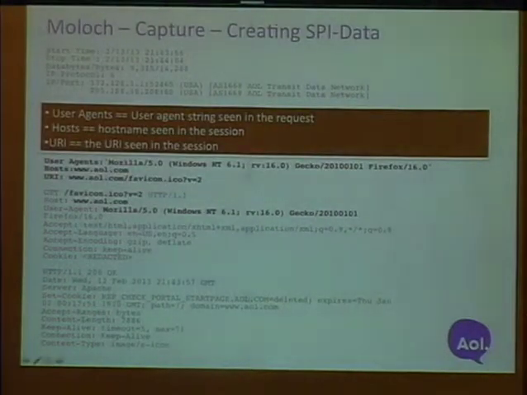And then finally, the user agent string that's seen, we also grab that, and the host name and the URI. All of those bits of data are created as SPI data and then stored in the database for indexing and searching. And then you still have the rest of the entire session on disk that you can retrieve, and you can find it based upon any one of those things that we've just listed.